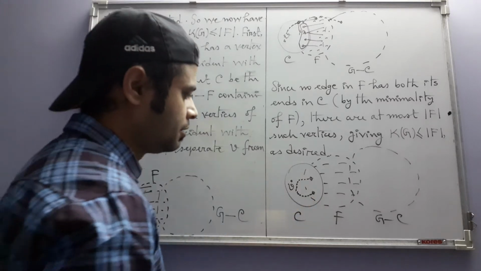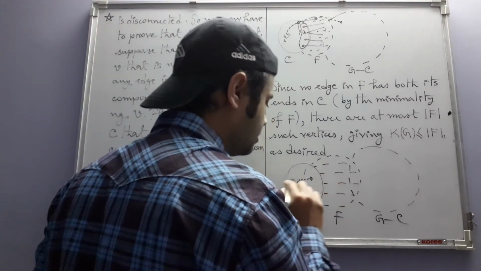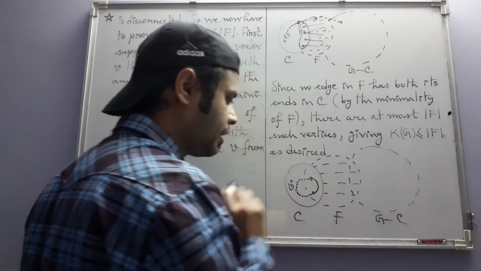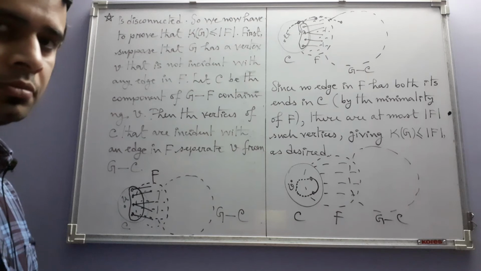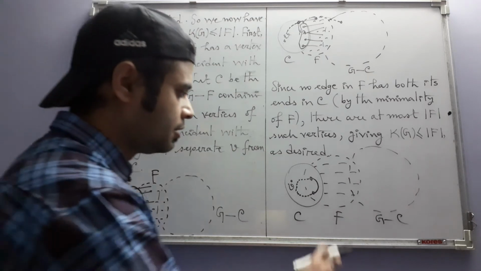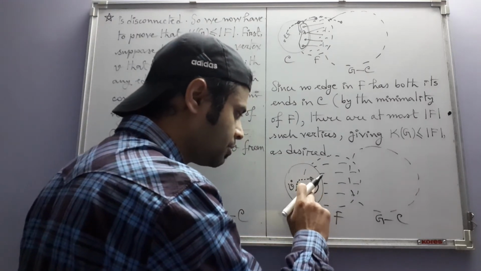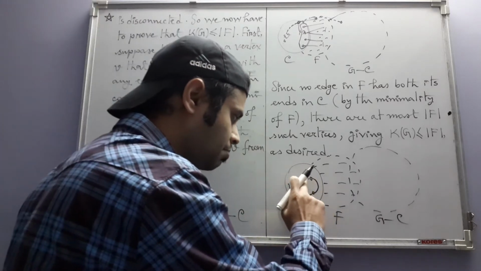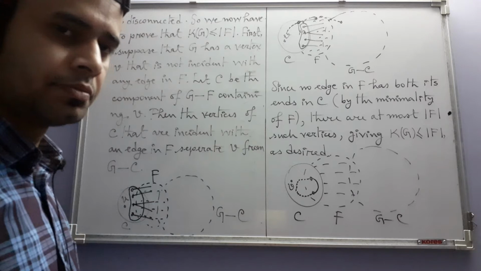Okay. And that path naturally will not contain the edge that has been removed. So that means this particular edge, both of whose ends are in C, is part of a cycle like this.